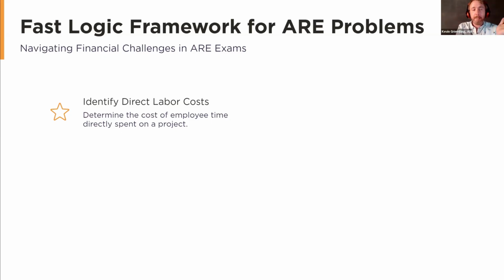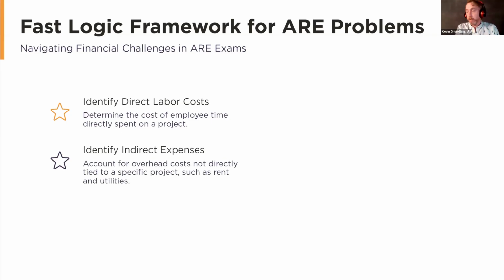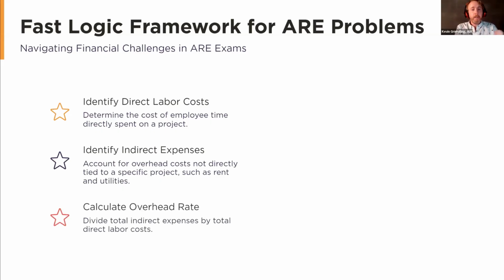So in almost all cases, you'll need to identify or find or calculate the direct labor costs. This is your cost of employee time directly spent on a project. You'll also need your indirect expenses. That's the overhead piece, so that's anything not directly tied to a project. You'll need to calculate your overhead rate, which is that indirect expense piece that's going to relate to your direct labor costs.